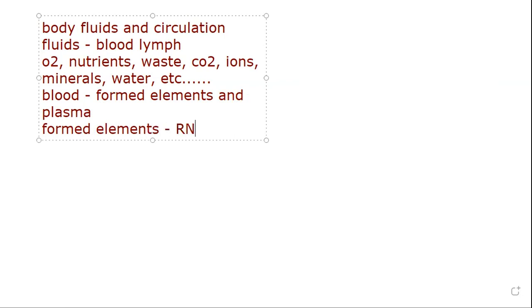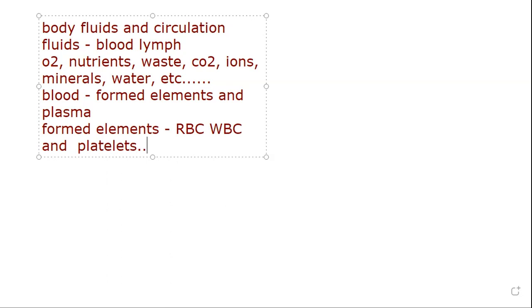They include RBC, WBC, and platelets. These are the three different types of formed elements that we observe in our body.